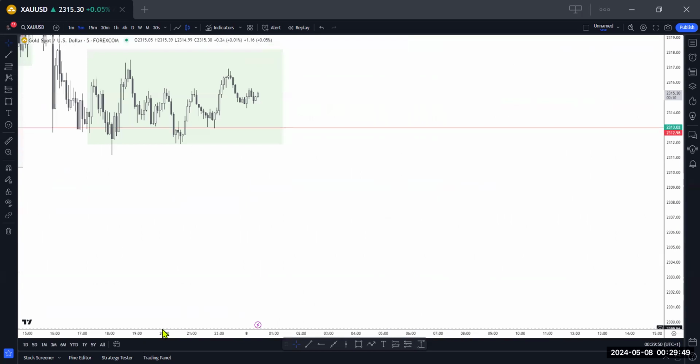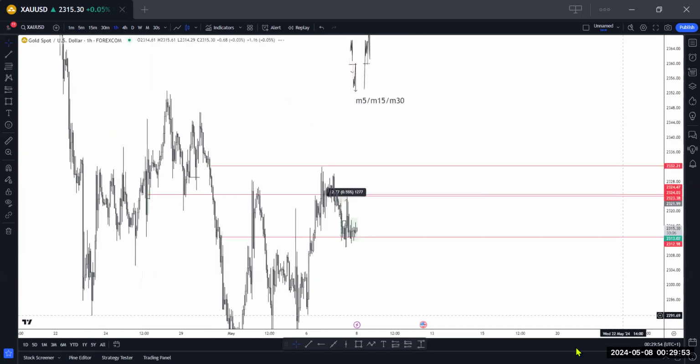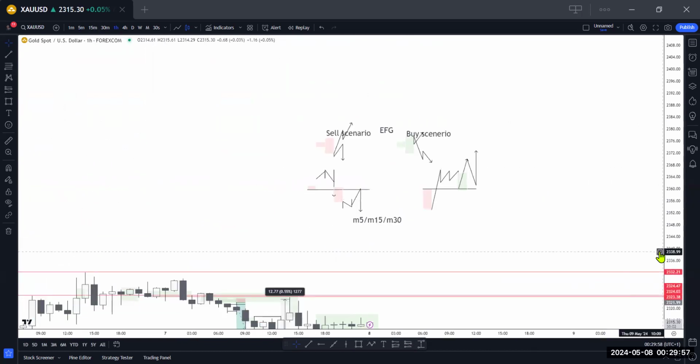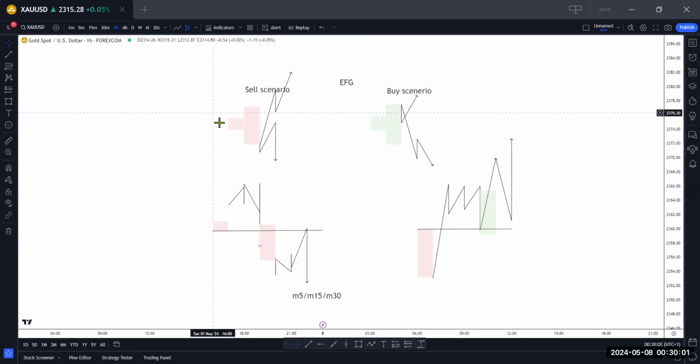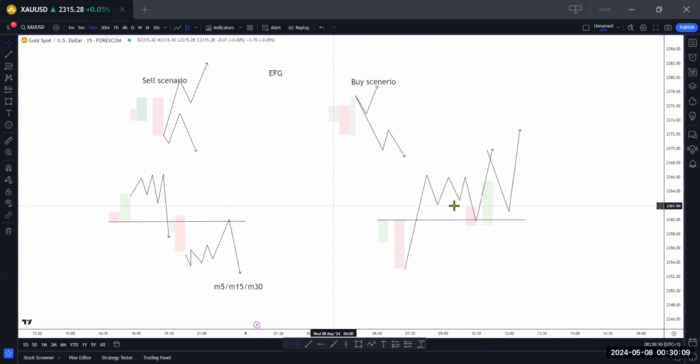So now let's talk about the other types of setups. We talked about the EFG setup, the three candle setup, and the extended type. I explained the extended type already.